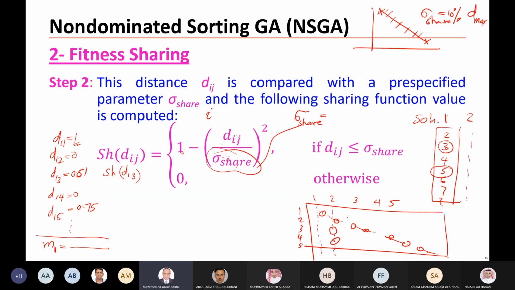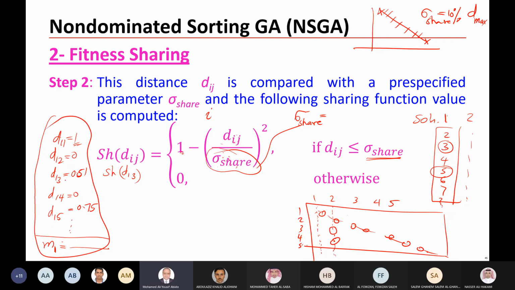And you measure the distance among the solutions. Okay? And you see the distances here, which of those will be less than the sigma share defined? If it is less than sigma share, you calculate it. Otherwise, it becomes 0. Okay. And then you add them up. This is for solution number 1.